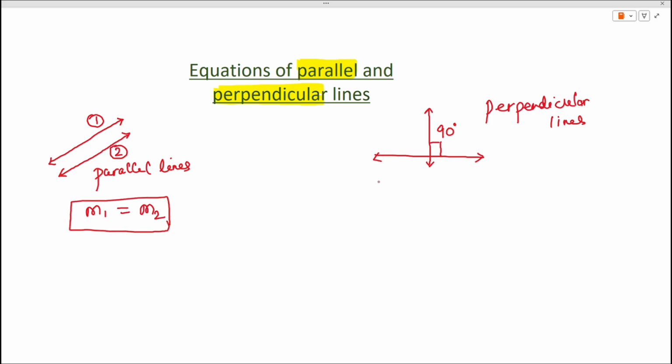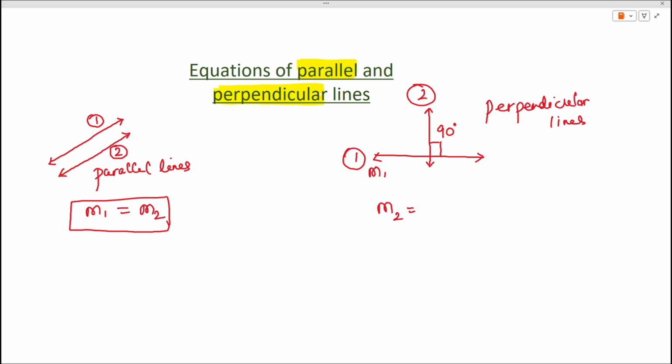But for perpendicular lines, the slopes are negative reciprocals of one another. So let us say this is line number 1 and this is line number 2, and the slope of line 1 is m1. If we have to find m2, what will it be equal to?